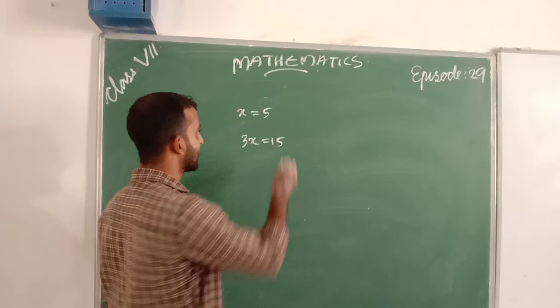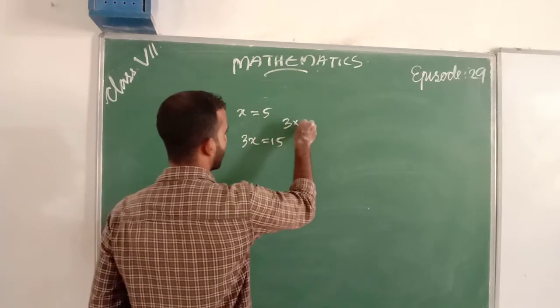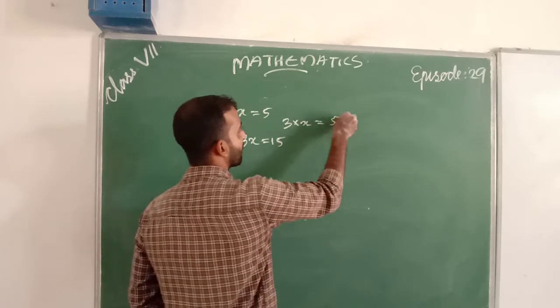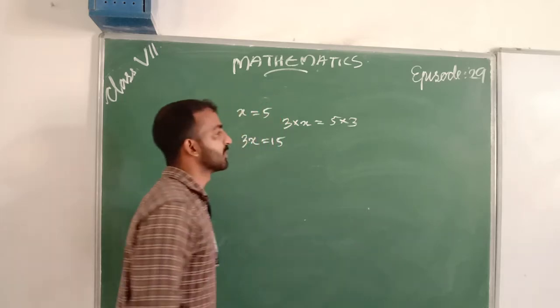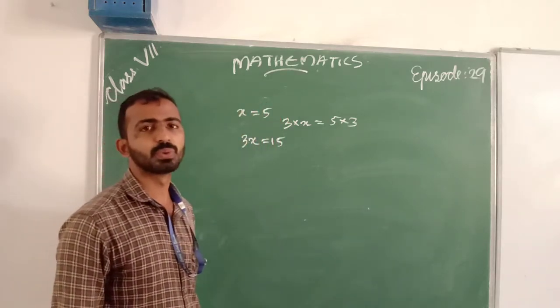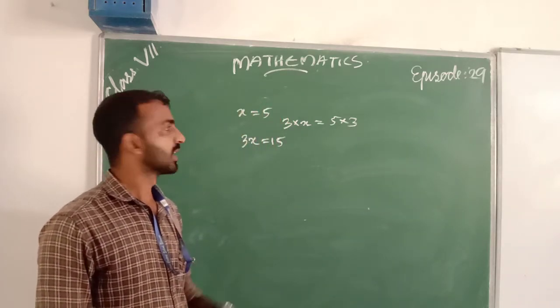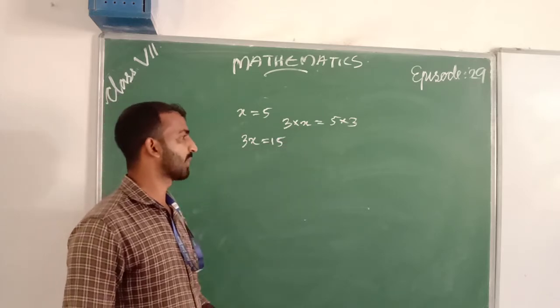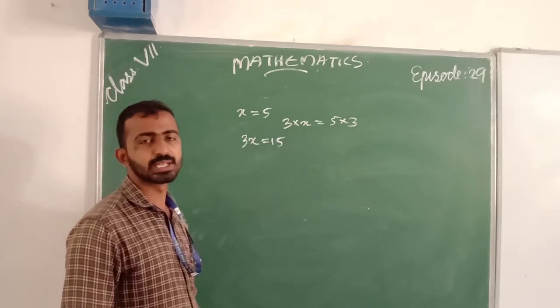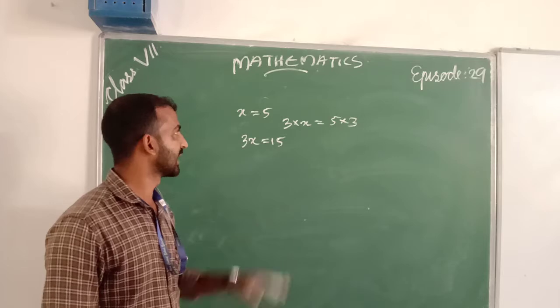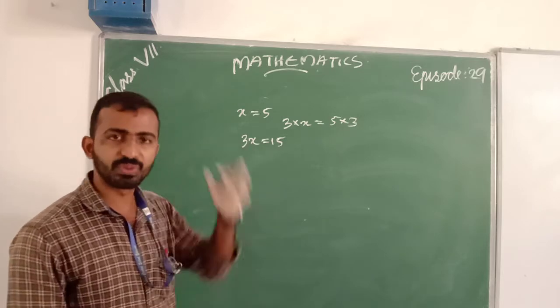That is, 3 into x equal to 5 into 3. We get 3x equal to 15.